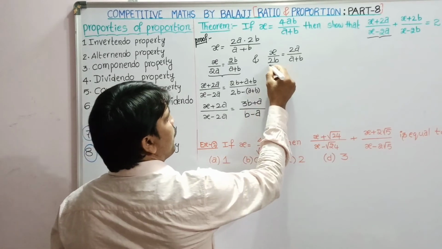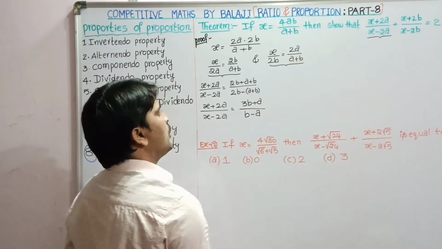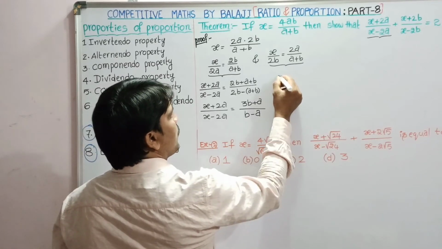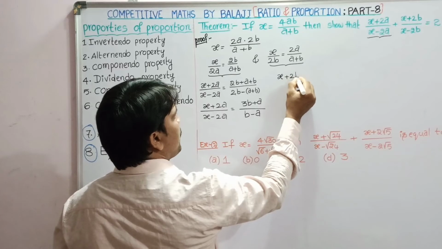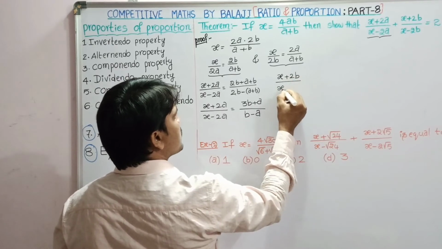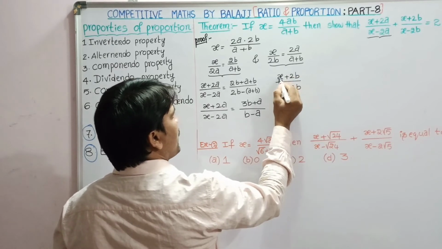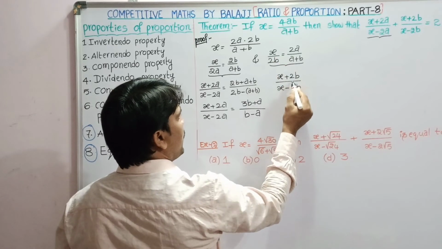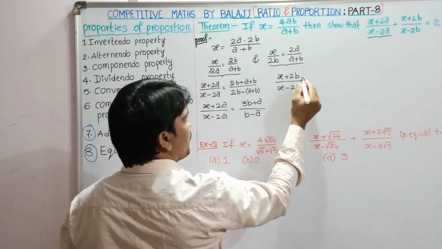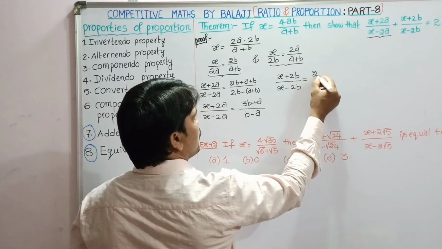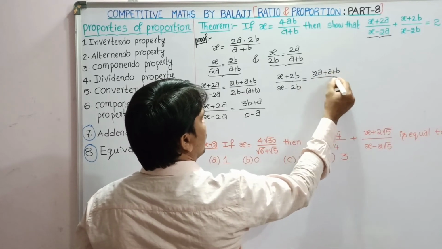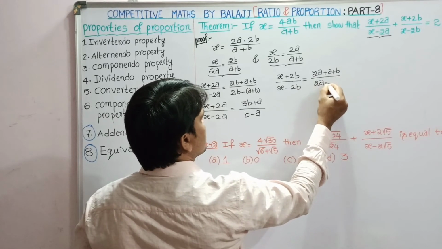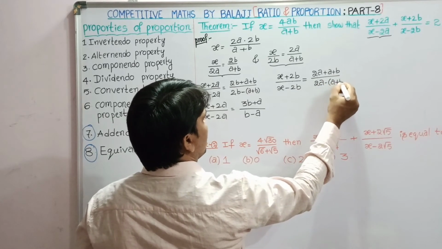Now perform the same componendo dividendo property here. From the componendo dividendo property we get x plus 2b by x minus 2b, that is numerator plus denominator by numerator minus denominator. Here also 2a plus b by 2a minus a plus b.